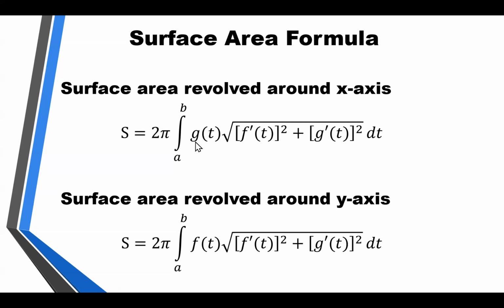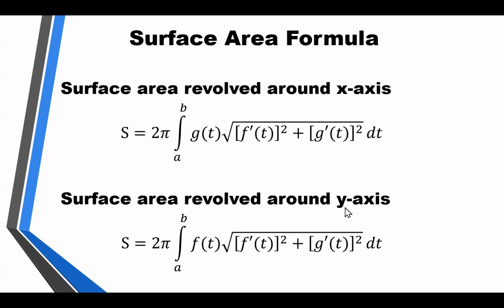And I'm using the same notation I did in the previous section where y is a function of t called g of t. So if we're revolving around the x-axis, I can simply take 2 pi, integrate from a to b, the g of t, that again, think y, times the square root of the derivative of x squared plus the derivative of y squared.